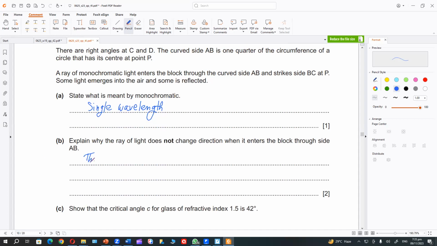The incident ray makes 90 degree of angle of incidence. So it does not change.